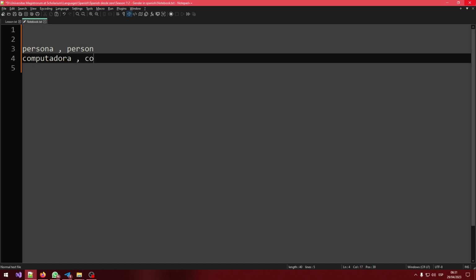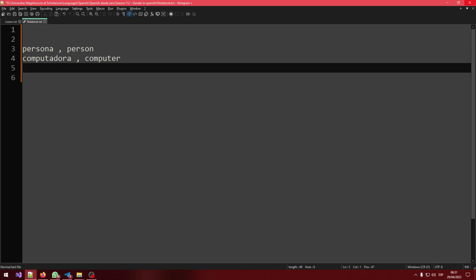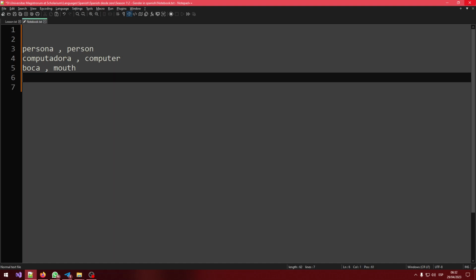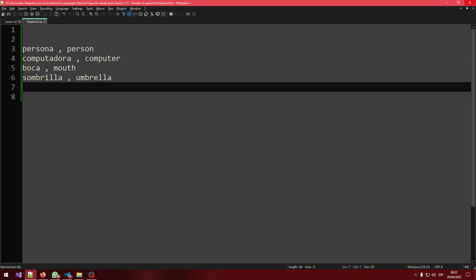Computadora, which is computer. Boca, which is mouth. I'm not sure about the writing. Sombrilla, this is umbrella. Well, we will learn about this double L pronunciation later.